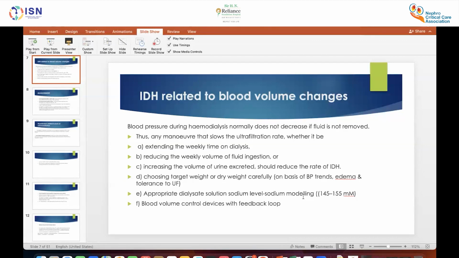What is the sodium content versus sodium concentration? Sodium concentration is your plasma sodium concentration. That is 140 milliequivalents per liter or 142 milliequivalents per liter, whatever you are saying. But sodium content is different. The sodium content is the total sodium in your body.